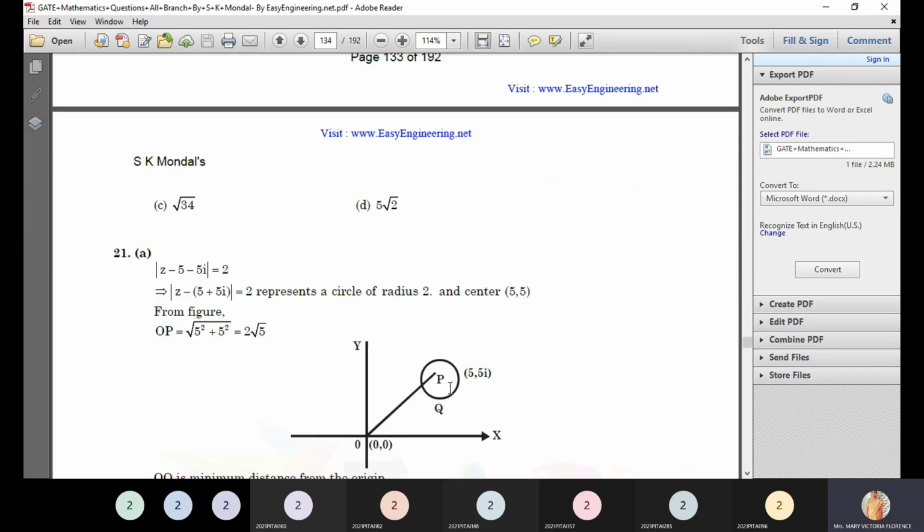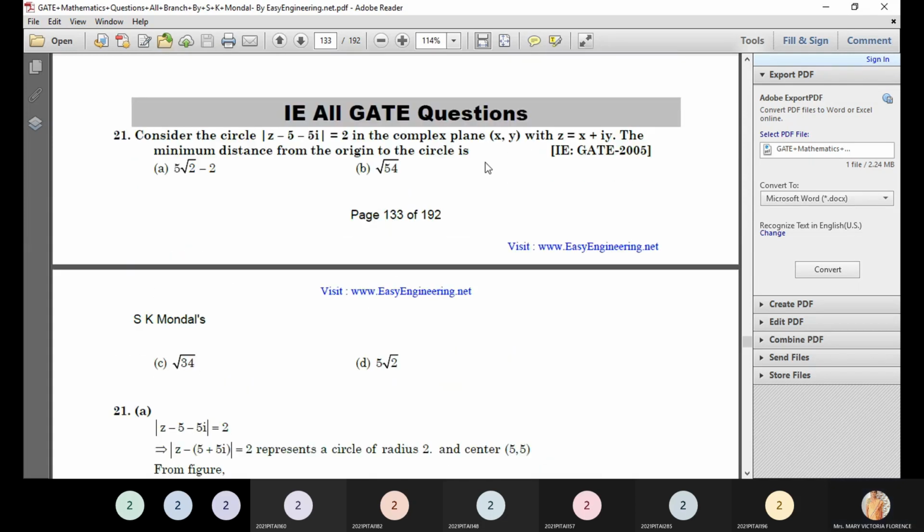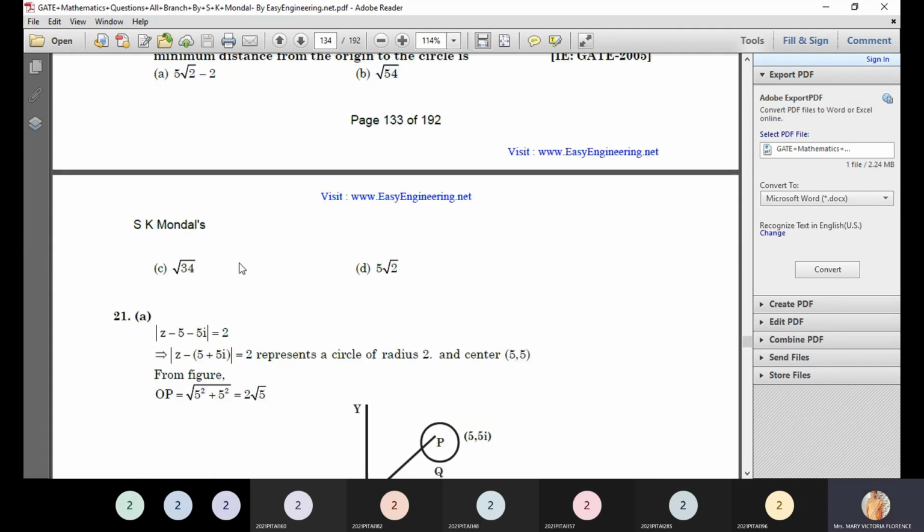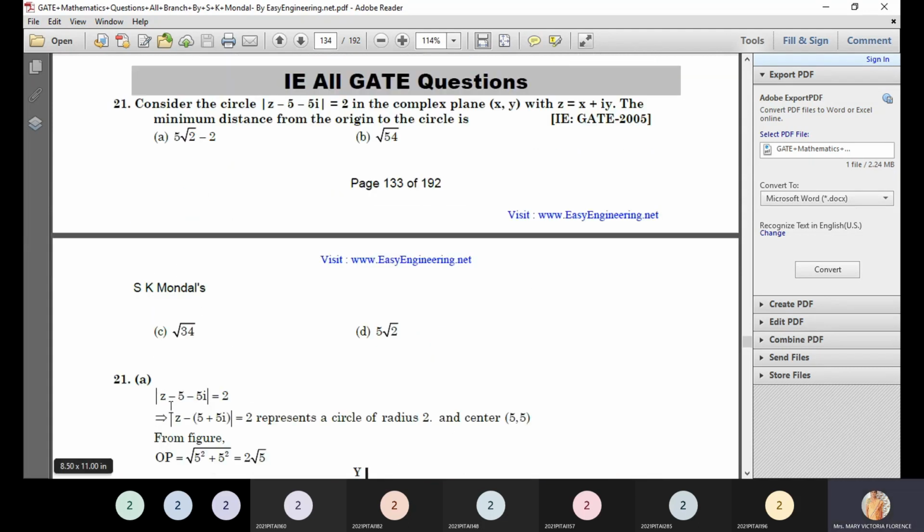So radius 2. So z equal to x plus iy in the z plane. Now mod z minus 5 minus 5i equal to 2 represents a circle of radius 2 and center 5, 5.